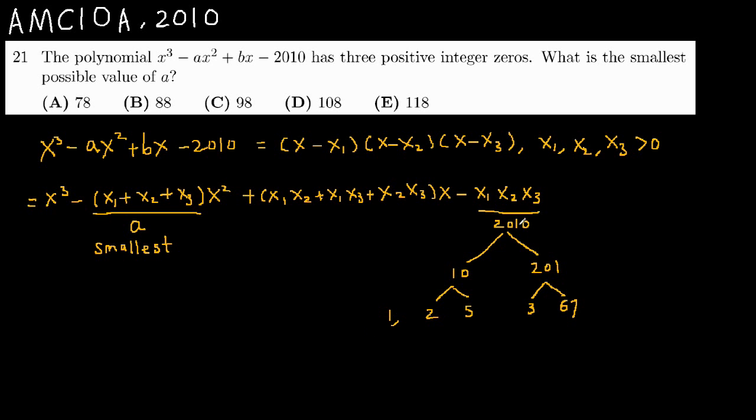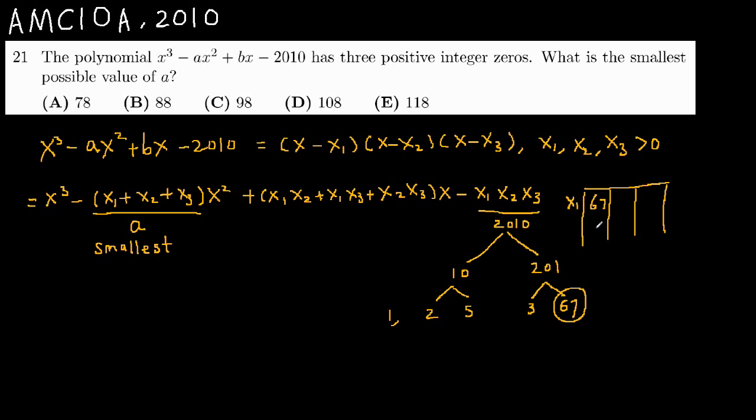Now, to make 2010, clearly we need 67 to be included, because without that, all other prime factors cannot make 2010. So let's include 67 as the first required factor, meaning one of x1, x2, x3 has to be 67. Let's say this is x1.